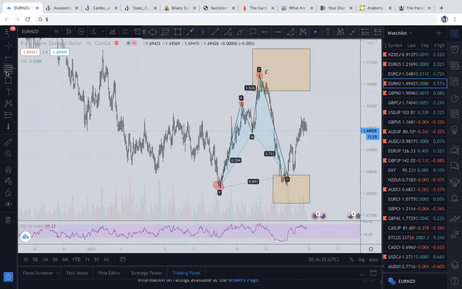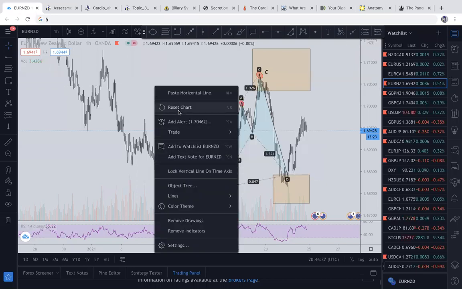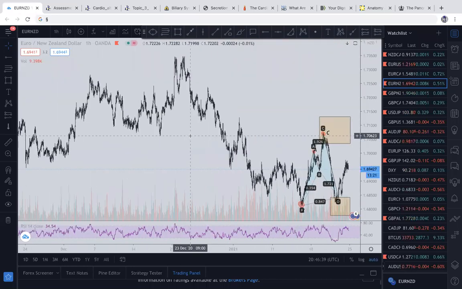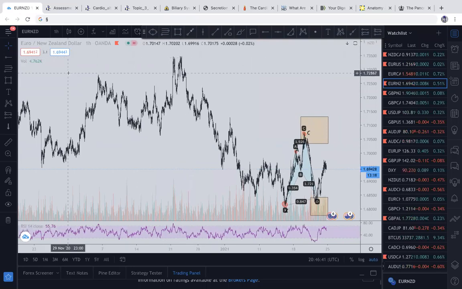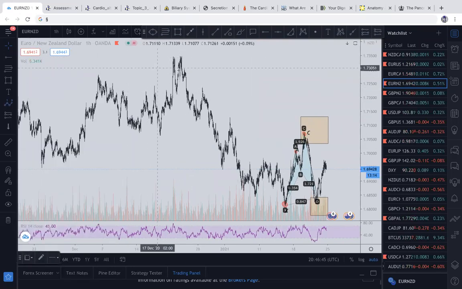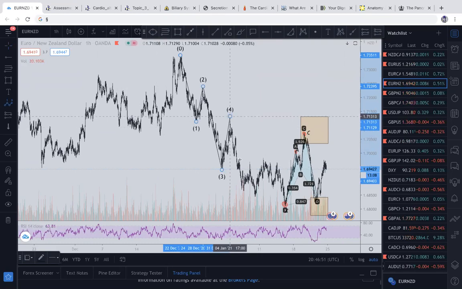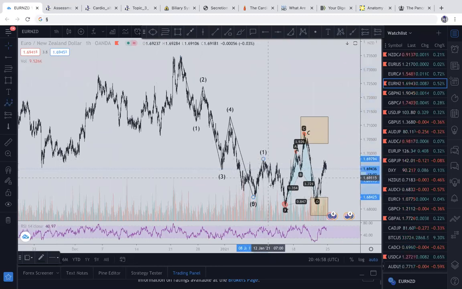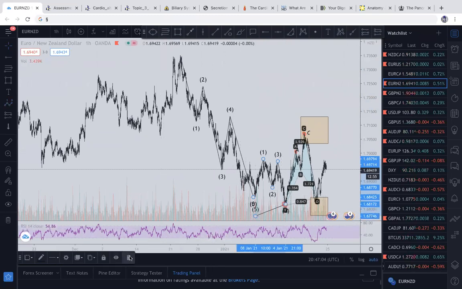So after we formed, this is the first swing high. So in this case, this is what you're gonna have. And then you have A, B, C. Oh no, what did I pick? I picked the wrong one.